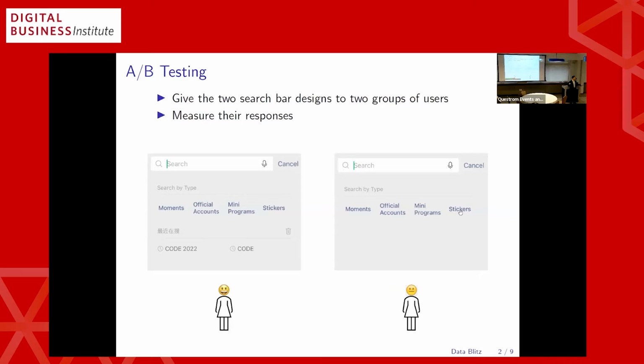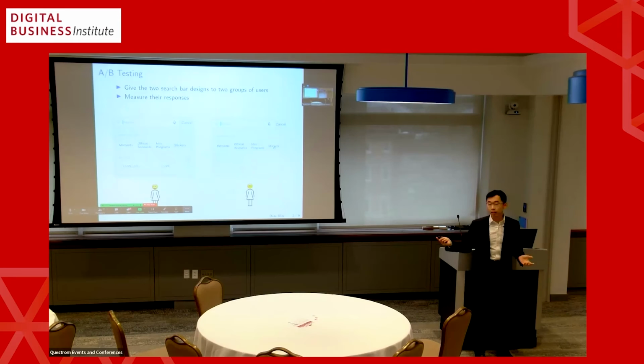After they assign the users to the two groups, these different users actually see two different versions of the search bar. And then WeChat can measure the responses of the users. And then maybe if the users in one group are happier than the other group, then this is considered a success, and they would like to roll out the new design.